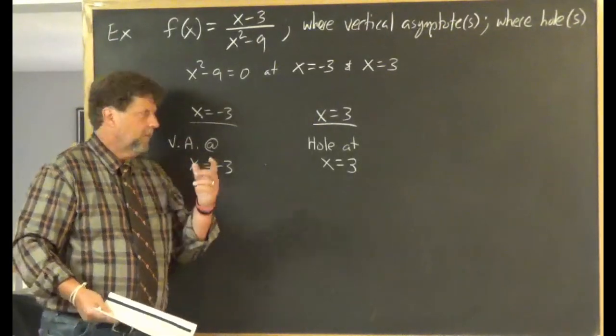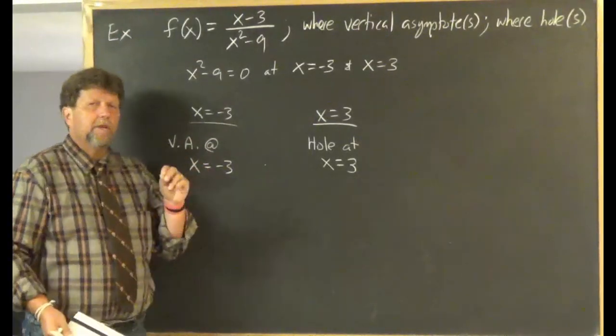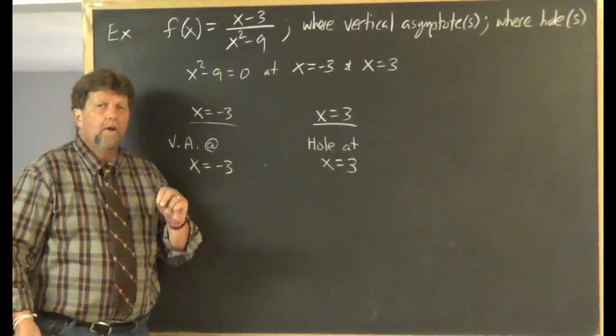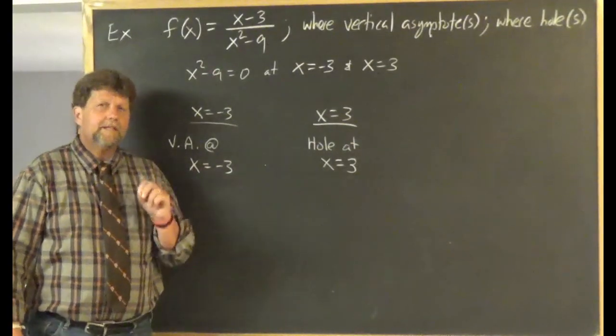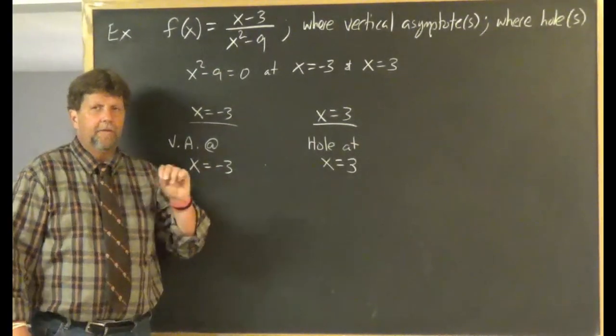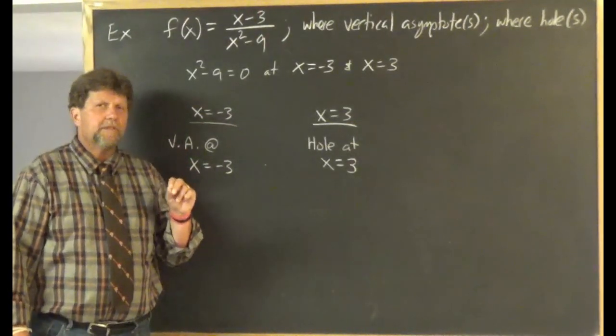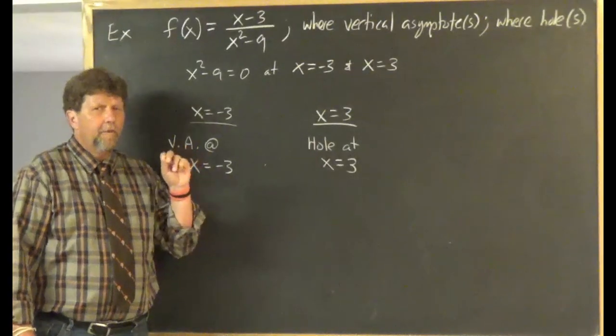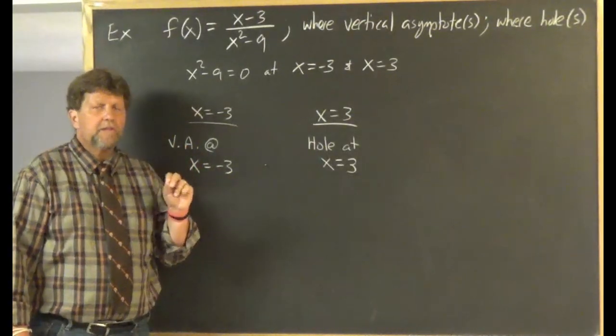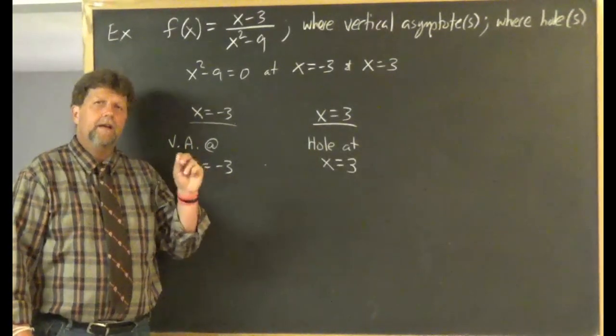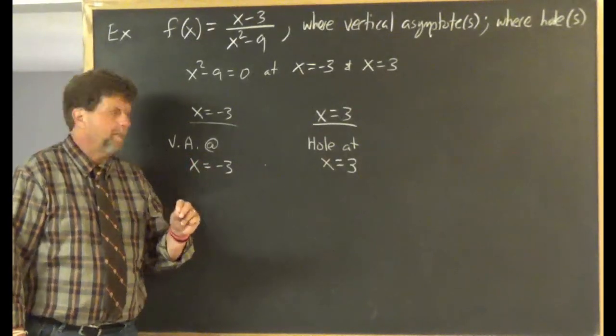And before we go further, just think about what this tells us at this point in time. Since we know there's a vertical asymptote at x equals negative 3, we know the limit as x approaches negative 3 from the left side and the limit as x approaches negative 3 from the right side are either infinity or negative infinity.